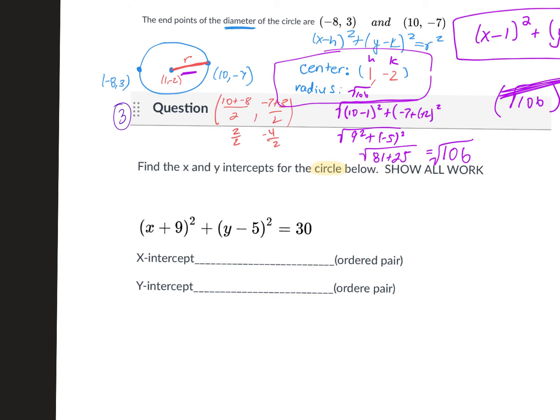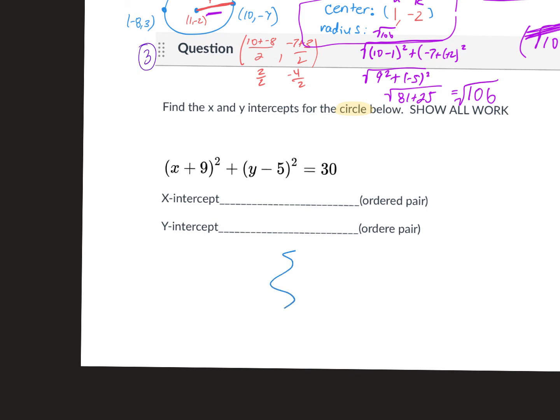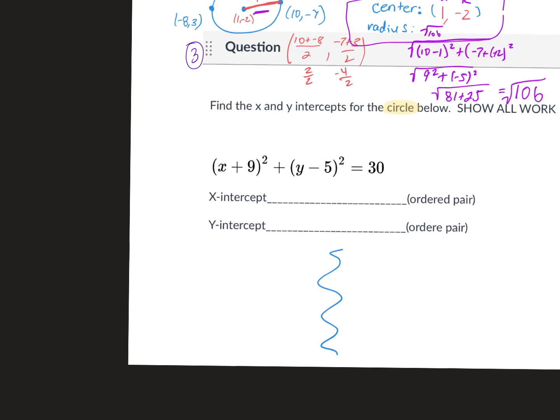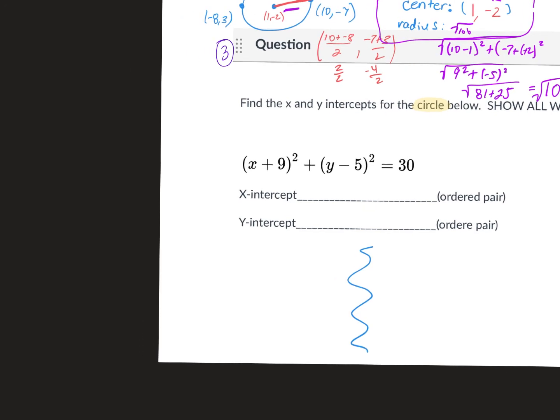All right, find intercepts. Intercepts are where the graph touches the x and or y axis. How do you find intercepts? You plug in 0. All right, so if I'm going to find the x-intercept, then I plug in 0 for what? For y. Good. So x plus 9 quantity squared plus 0 minus 5 quantity squared equals 30.